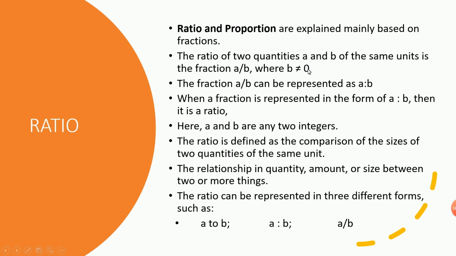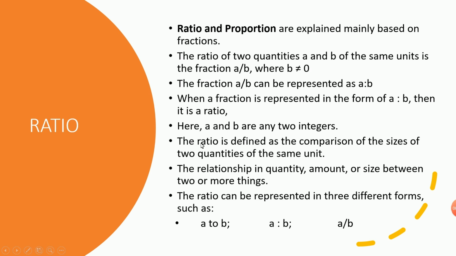So B is a non-zero number, and this fraction is represented as A colon B. When a fraction is represented in the form A is to B, then it is a ratio. Here A and B are any two integers.